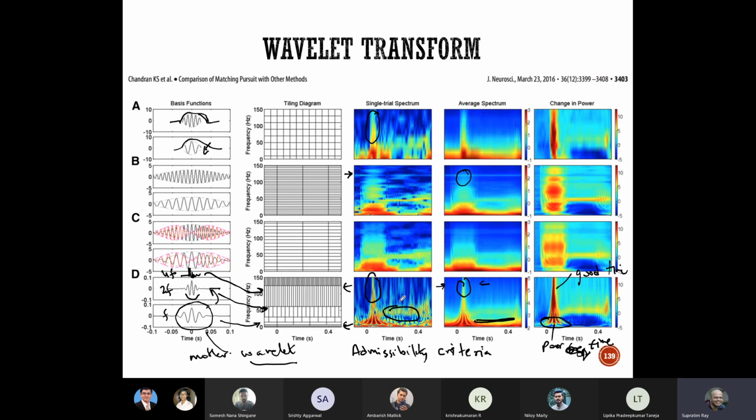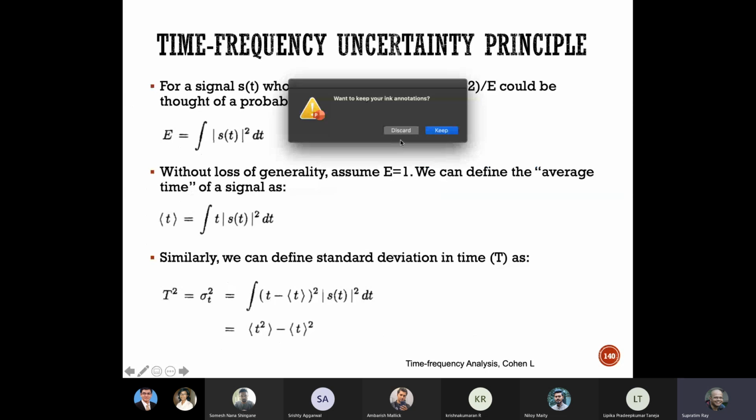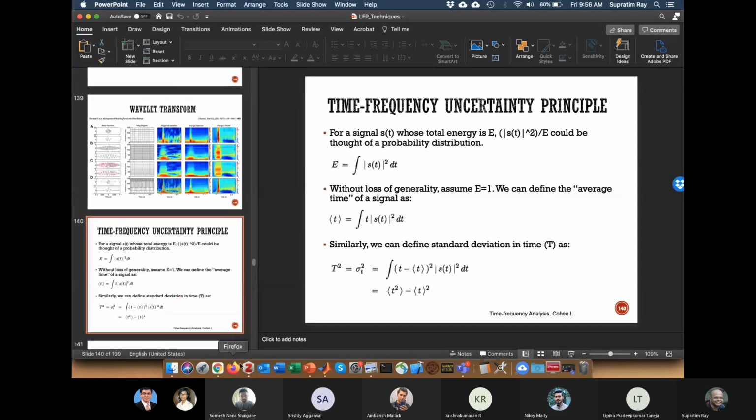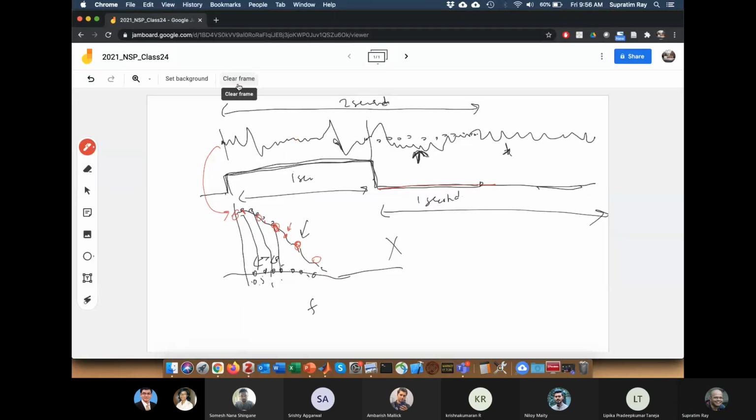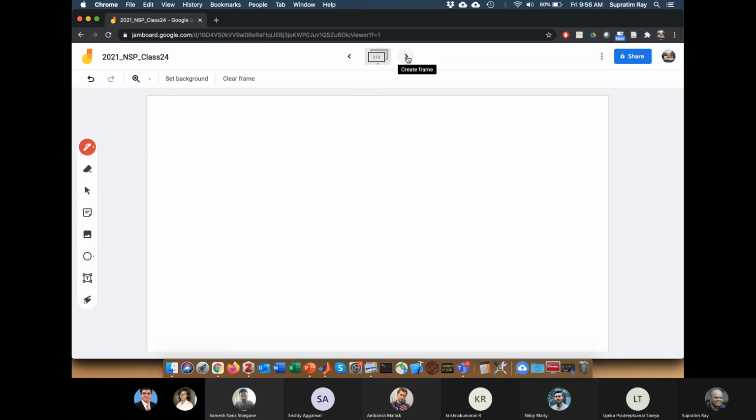Okay, so this is what wavelet transform does. It generates a different tiling diagram here. And if I look at it from a filter bank interpretation, this is the last thing I will talk about today. So remember, if I had a Gaussian window, this is not short time Fourier transform, this is just the windowed Fourier transform.